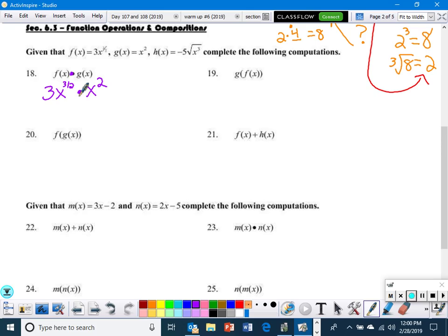All right, well, there's a 1 here. So 3 times 1 is 3. All right, so now what we're going to end up doing is we're going to be adding the two exponents together. Okay, 3/2 plus 2.